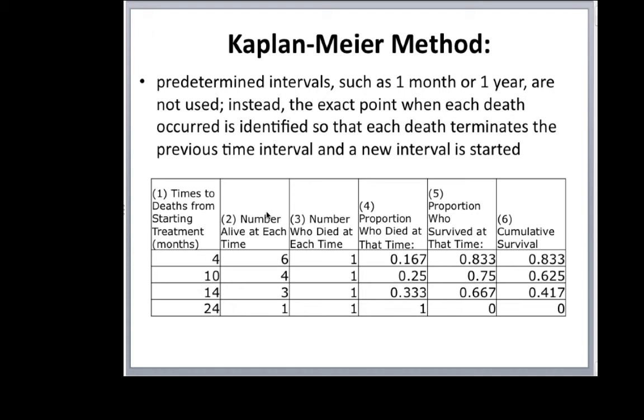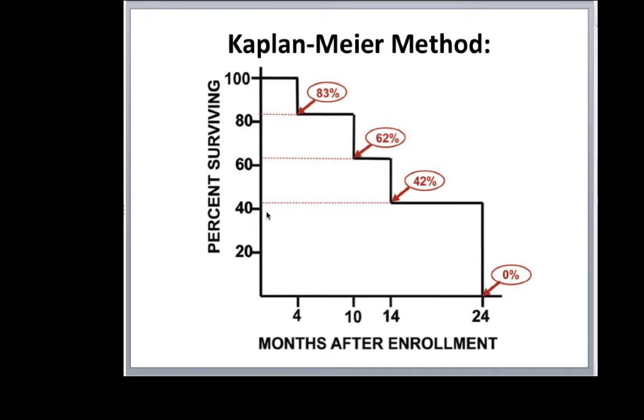And of course, if the proportion who survived is 0, then your cumulative survival is going to be 0 by the end. All right. This, then, multiplied by 100% is percent survival. And that is what you would use to put on a Kaplan-Meier graph or plot.